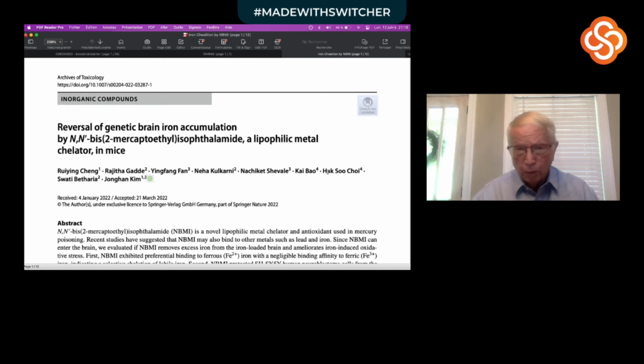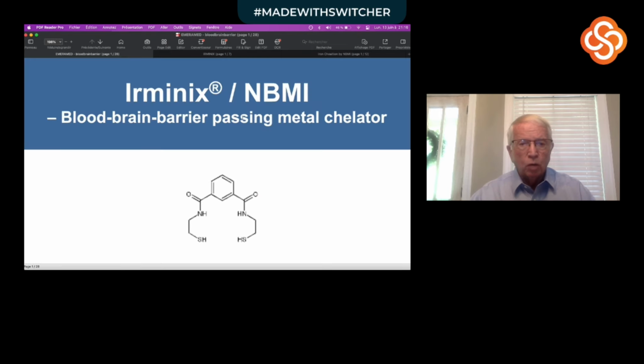Yes. When we get to see the structure of NBMI, we see that NBMI has two long arms that are very similar to the arms on glutathione, and those two sulfurs can move around in different positions in space, and it binds all the toxic metals.